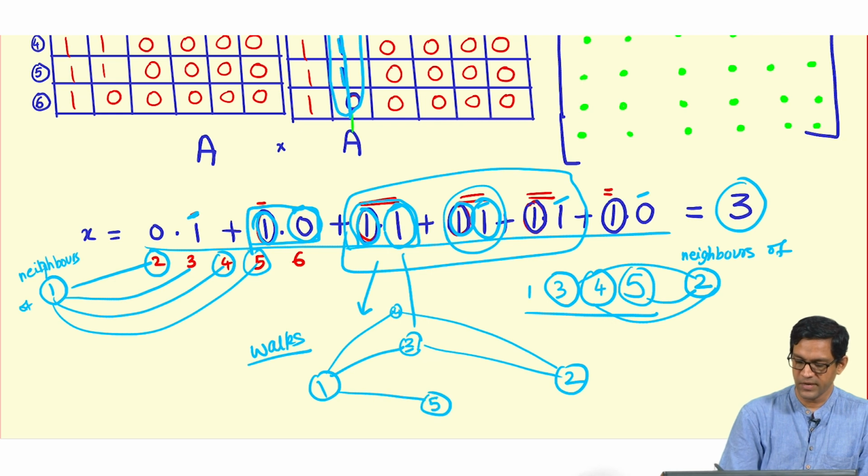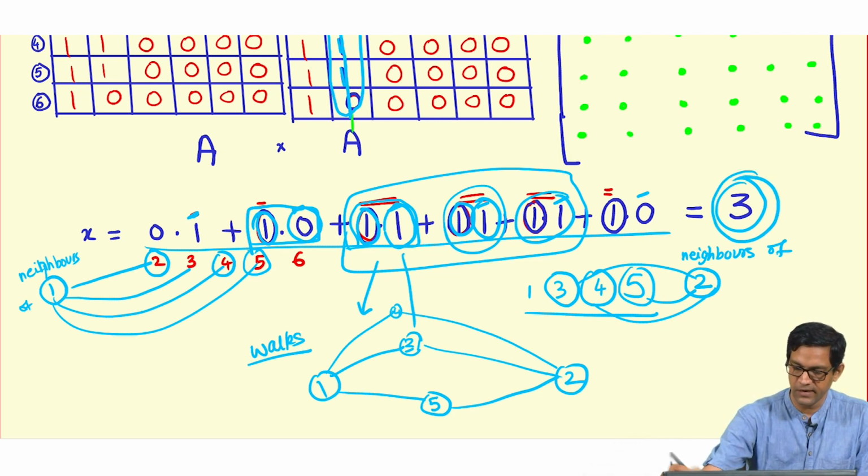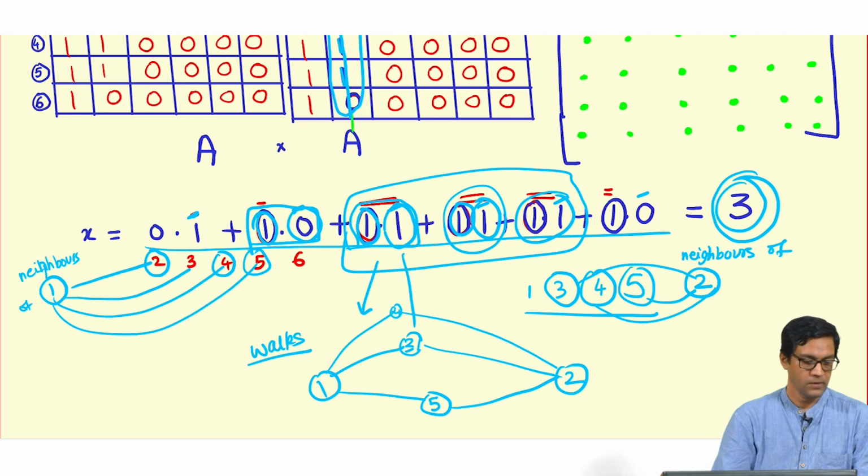The next term tells me I can go from 1 to 5 and 5 to 2, and there are no other ways of doing this. Okay. So, this number here is exactly the number of walks from the vertex 2 to the vertex 3 of length exactly 2.